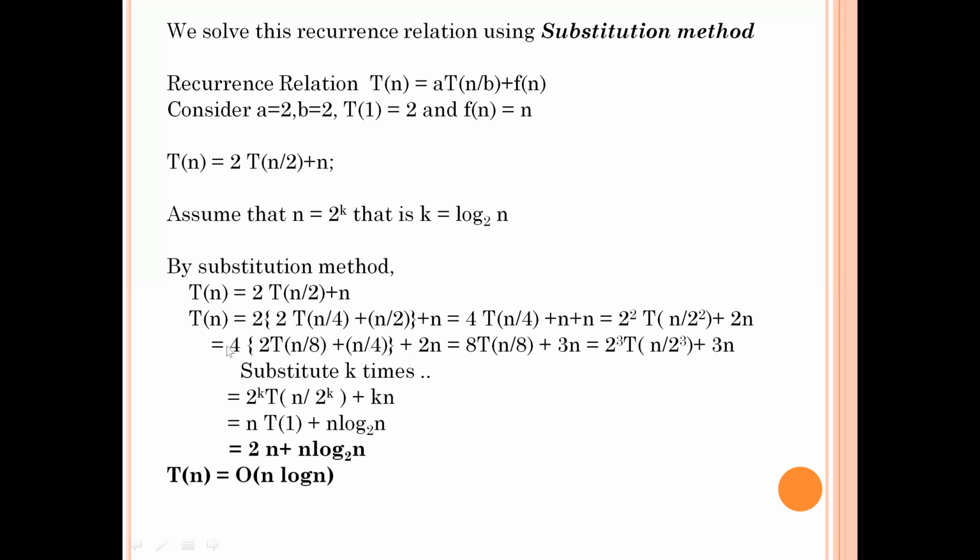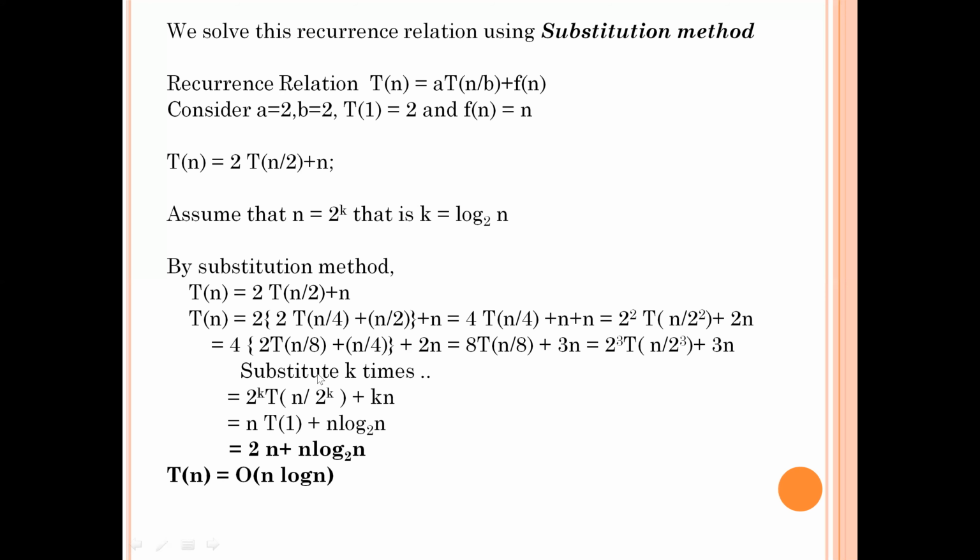So this 4 will be outside, and for this one again you substitute T of n by 2 by 2 square, so it becomes n by 8, plus for n you substitute n by 4, so you will get n by 4 here, plus this 2n, which is written as it is. Simplifying this equation, you will get 8 T of n by 8 plus 3n. So it becomes 2 cube T of n by 2 cube plus 3n.